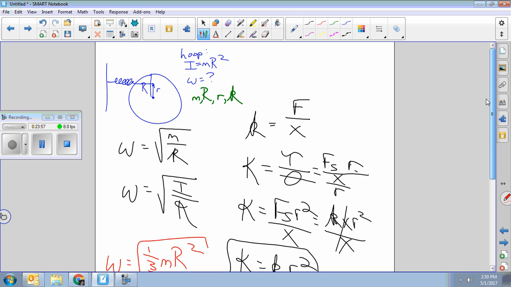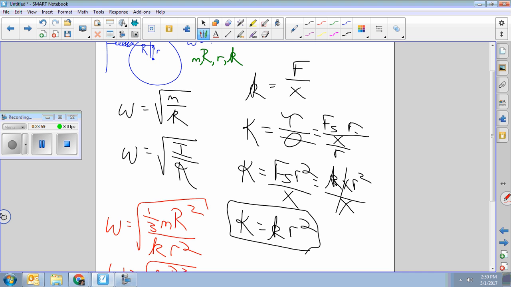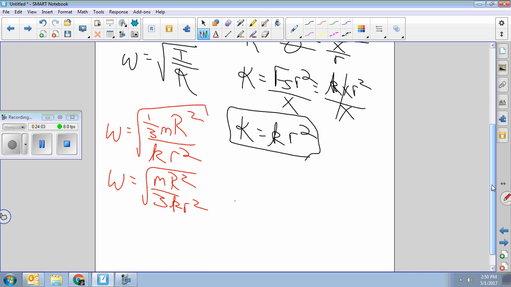Yeah, it's a hoop. I was mixing it up with the previous problem. So there's no 1/3 in there, so we're good. So is it I over K or K over I? Or kappa over I? Here it's K r squared. Oh, shoot, the period is I over K. Damn it. Yes, it's totally K over I, and that fixes everything.